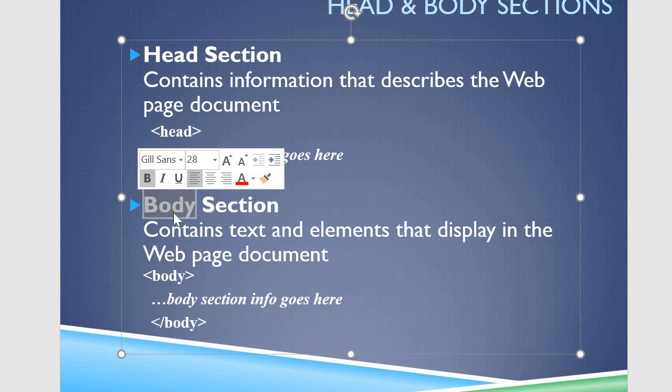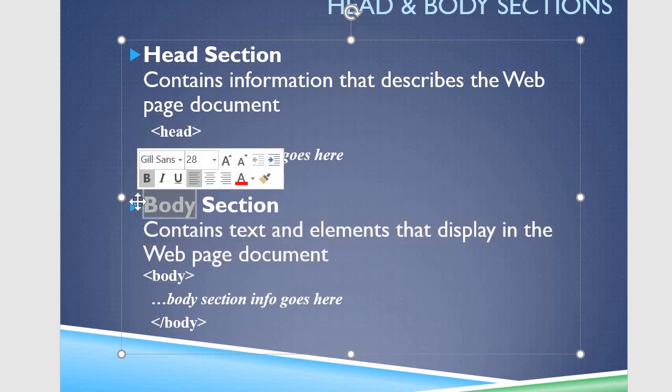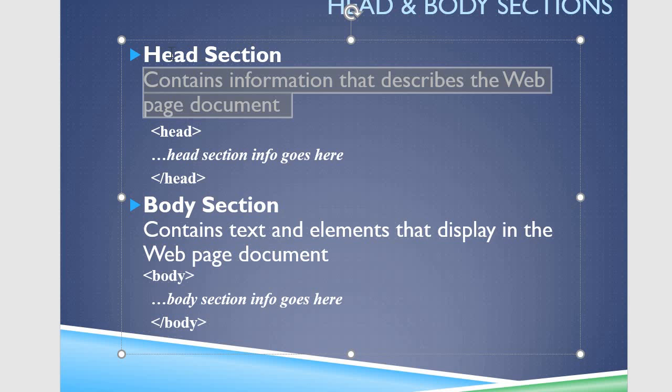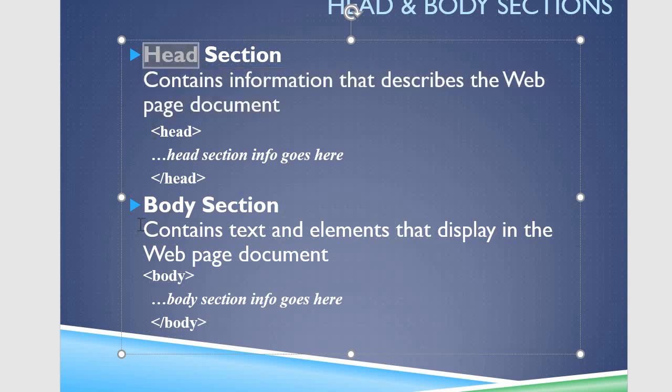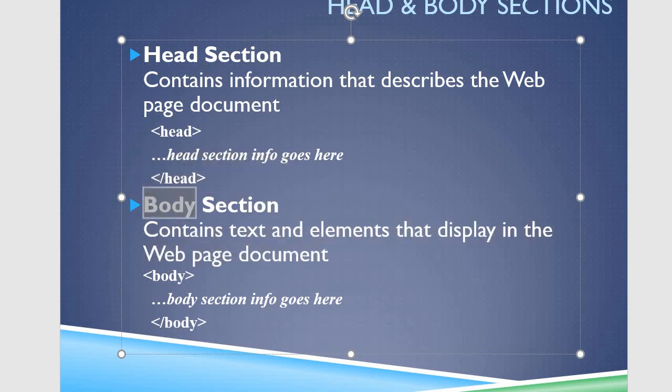Which part of the HTML contains the text and elements that display the web page document? Body section. So the part that contains information that describes the web page document, where we will place in the head section. Contains text and elements that display in the web page document, body section. I hope you understand.